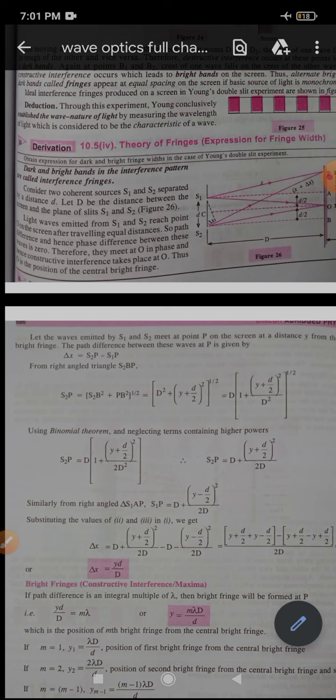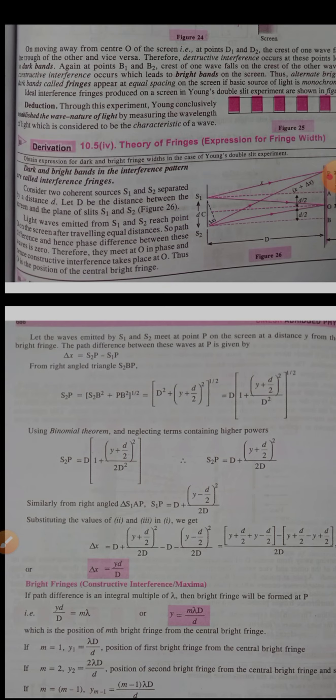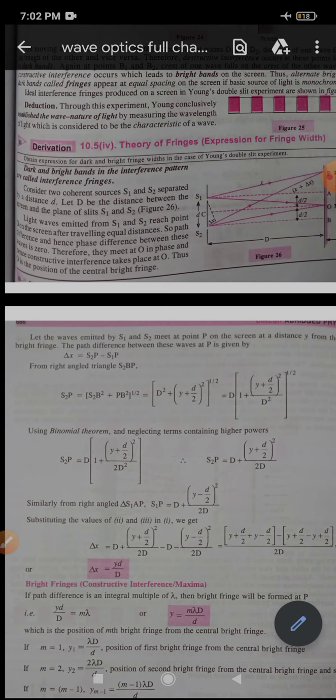Therefore they meet at point O in phase, and hence constructive interference takes place at O. So at this point we get the central bright fringe, the maximum intensity of light.